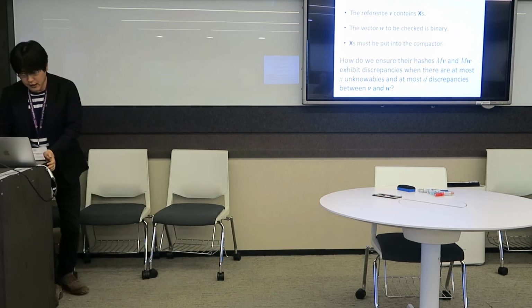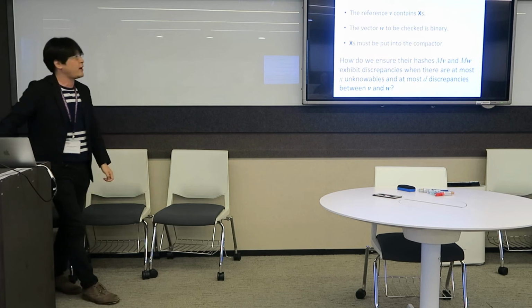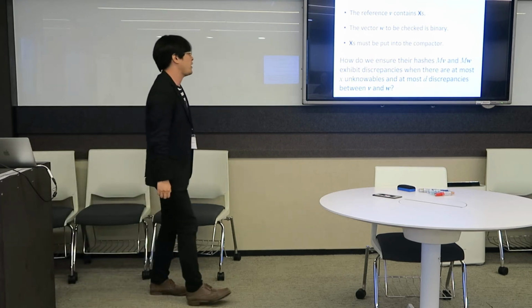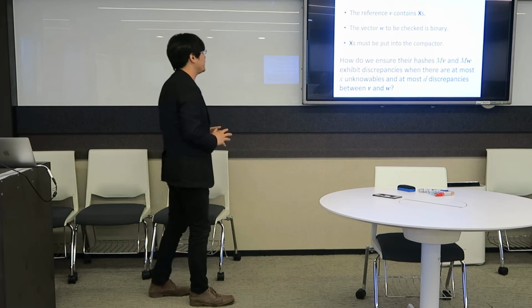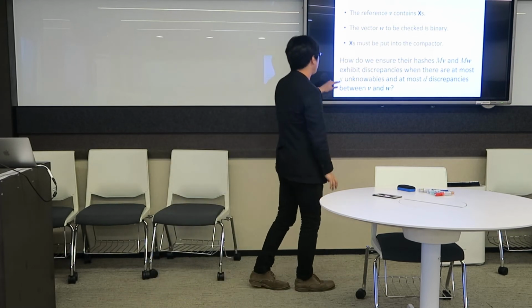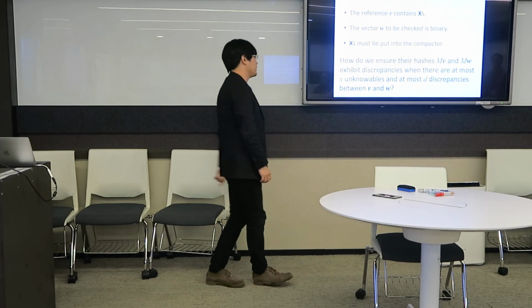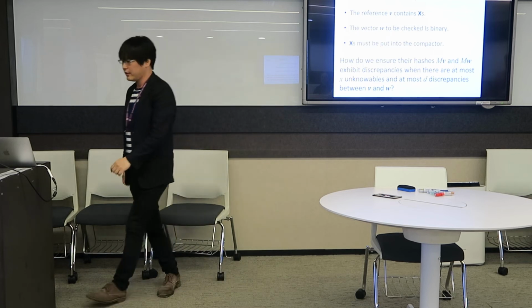So the problem becomes, how do we ensure that the hashed bits of V and W exhibit discrepancies when there are a certain number of unknowables and at most D discrepancies between V and W?